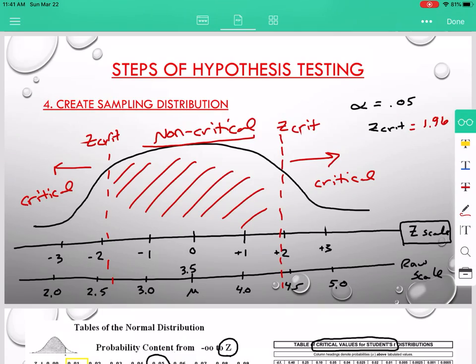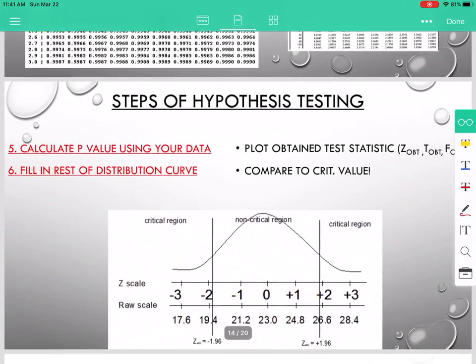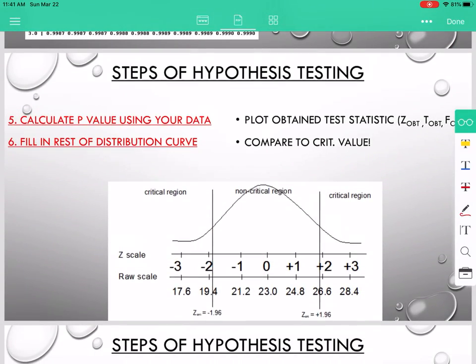This is the hardest part of this. You can get it, I promise. Okay, so we've created our hypotheses, we've set an alpha level, we've run the test, and we've set up our distribution curve. Now we want to see what our results are. What did we get?